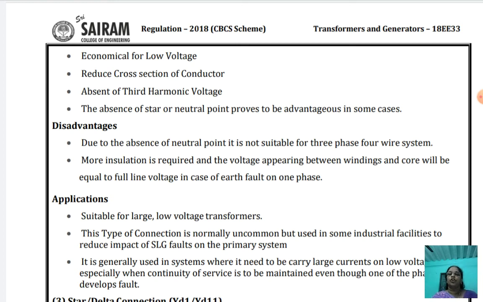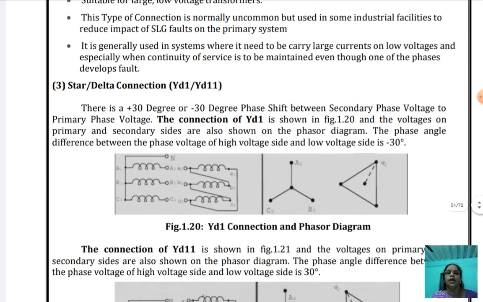This is the drawback of delta, but it is the advantage of a star connection. The applications: this is suitable for large and low voltage transformers, and these types of connections are normally used in some industrial facilities, for SLG faults, that is single line-to-ground faults. These are the applications.